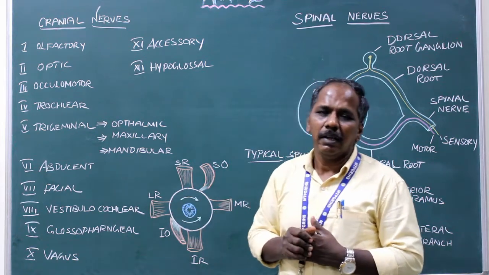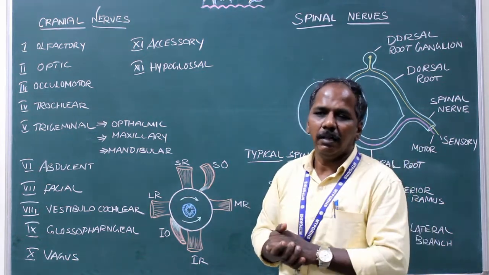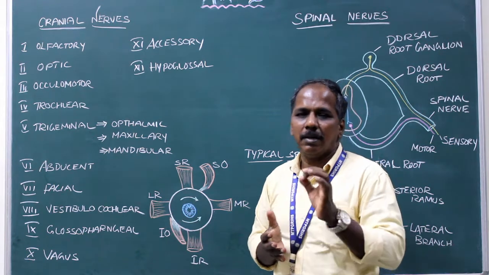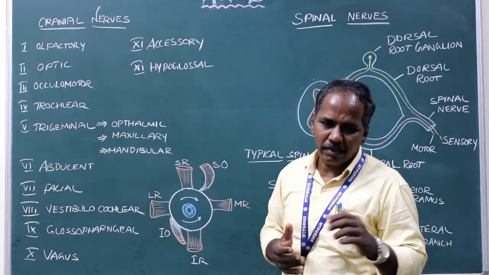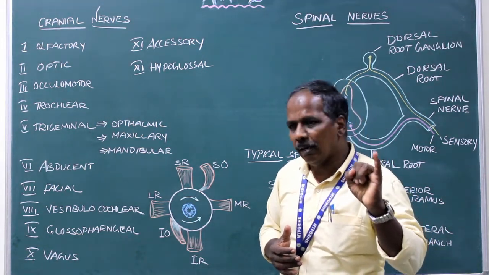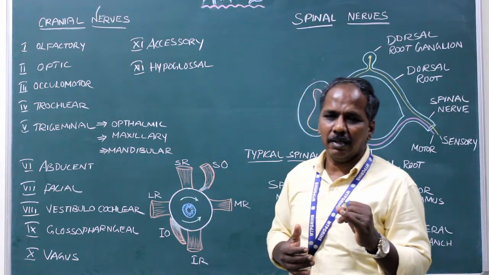Accessory nerve, the 11th cranial nerve. It is motor. It consists of two parts: the cranial part and the spinal part of the accessory nerve.